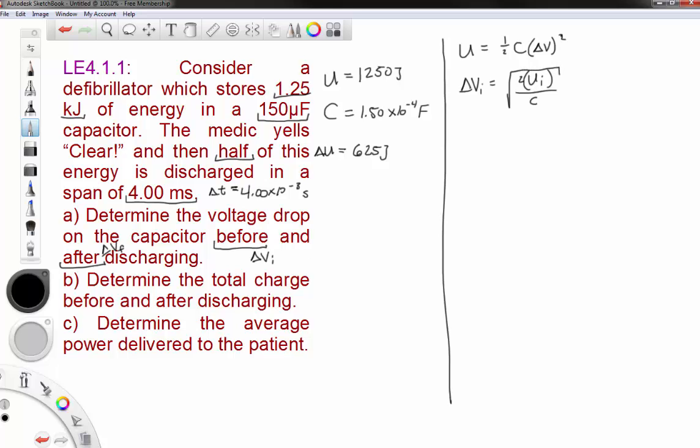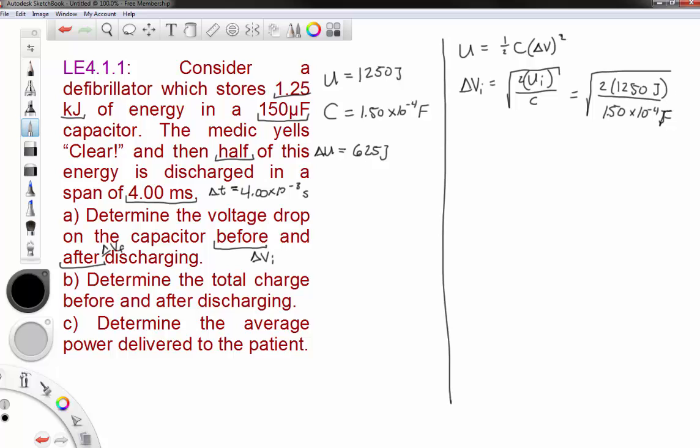So therefore we can write here that the initial voltage drop is 2 times U, which was 1,250 joules, divided by the capacitance, 150 microfarads, or 1.50 times 10 to the minus 4 farads.